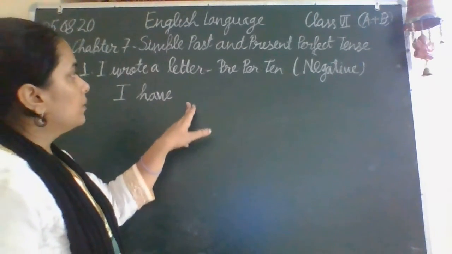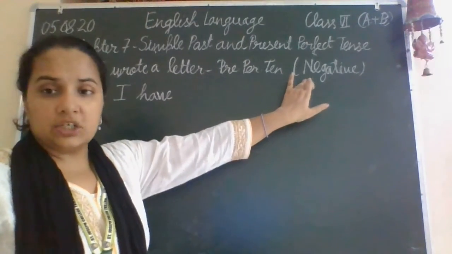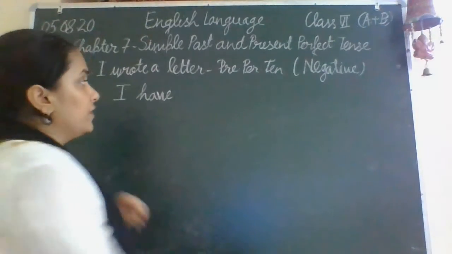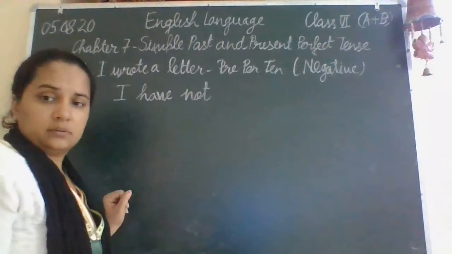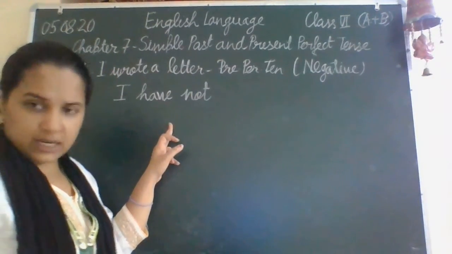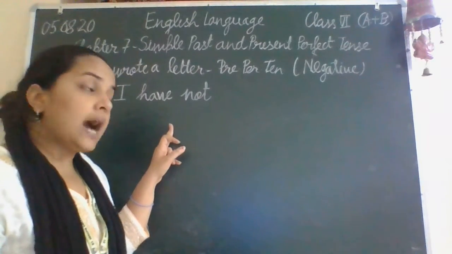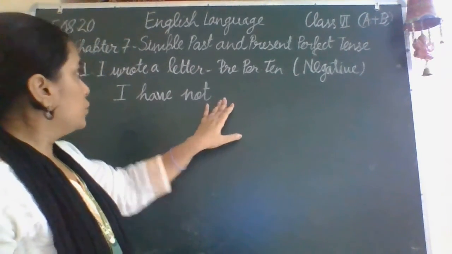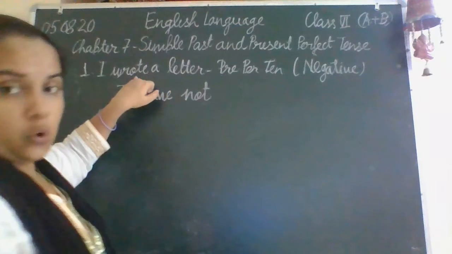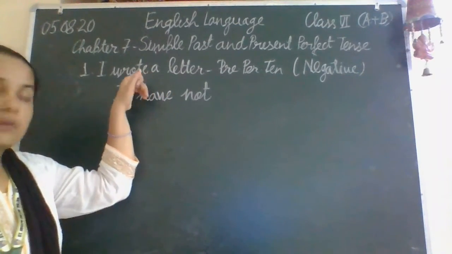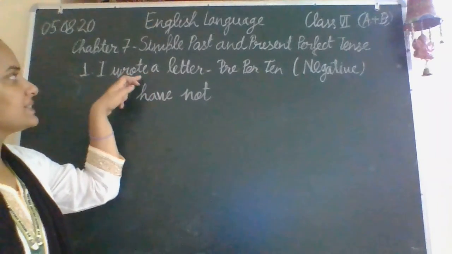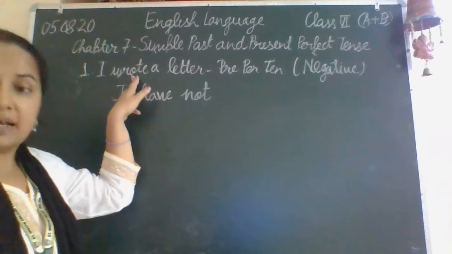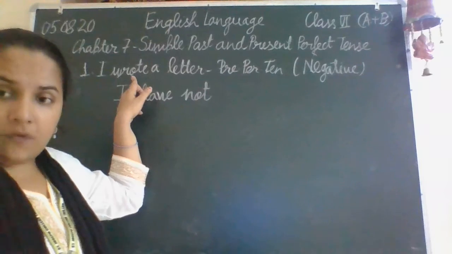Now, since we have to change it into a negative sentence, we will put the word not. That makes the sentence negative. Now we have to choose the verb. So the verb here is wrote. Now what is wrote? We know that wrote is the second form. It is a simple past tense, so the verb must be in the second form.